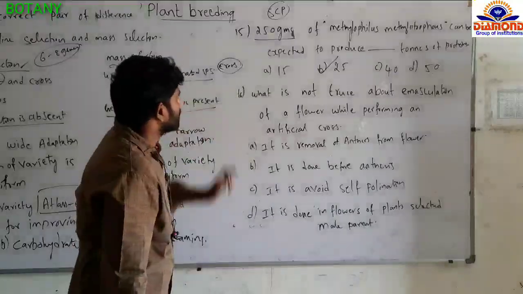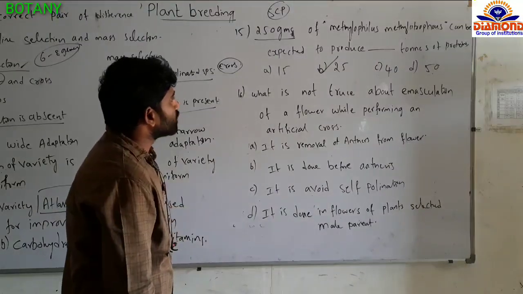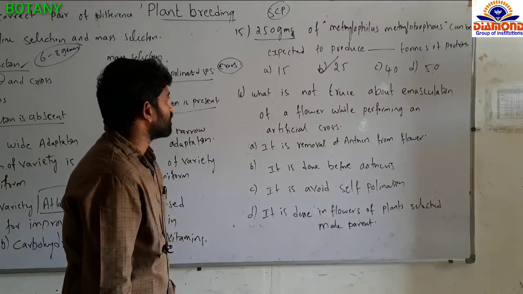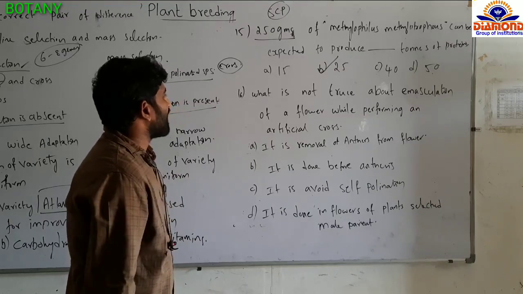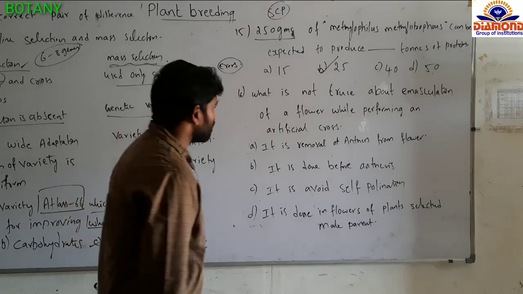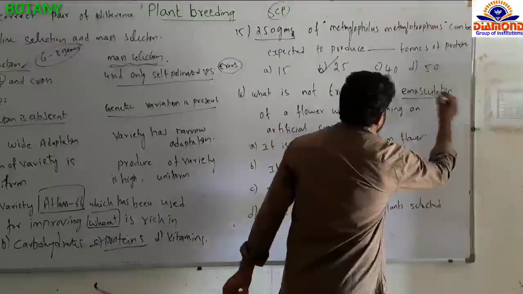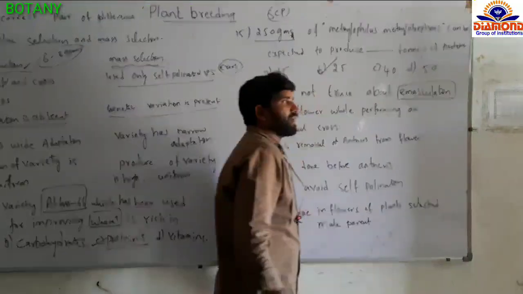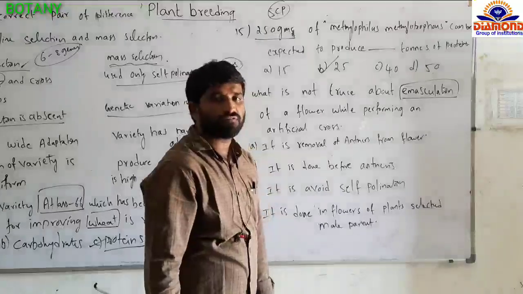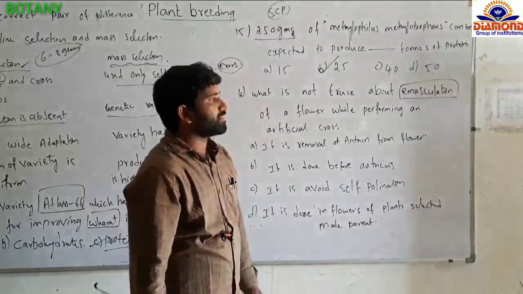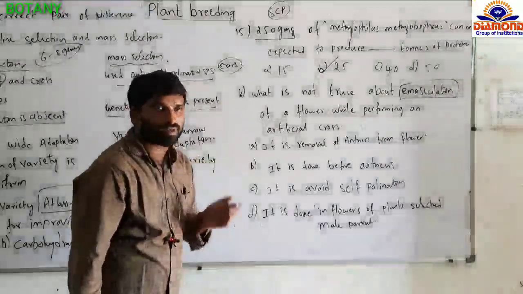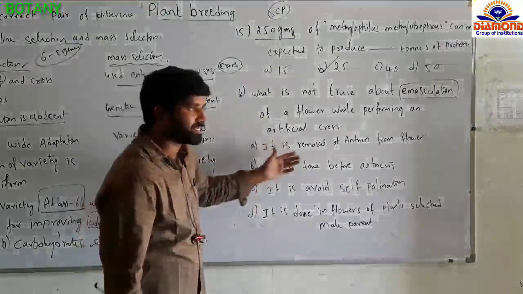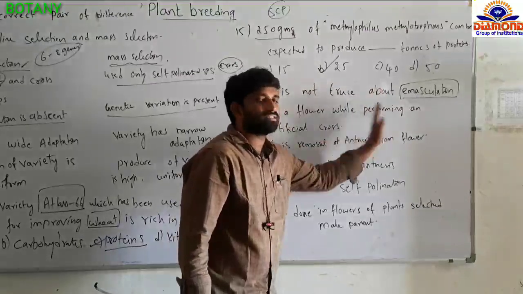And next one, 16. What is not true about emasculation of a flower while performing an artificial hybridization process? Emasculation means removal of anthers from the bisexual female flower. To produce a new variety by plant breeding, we use two parents, a male and a female.